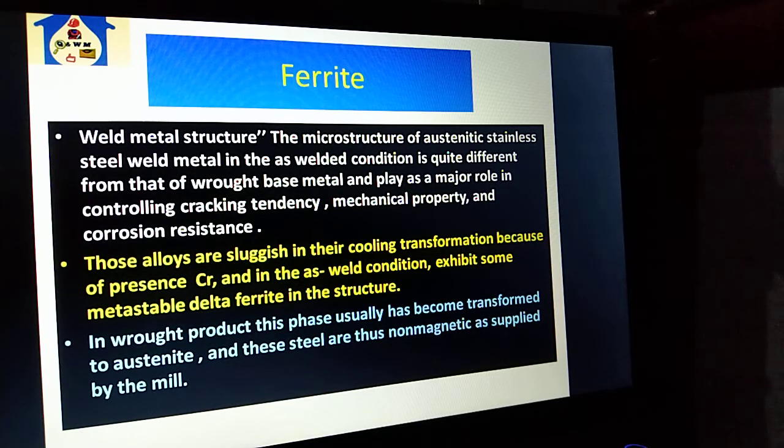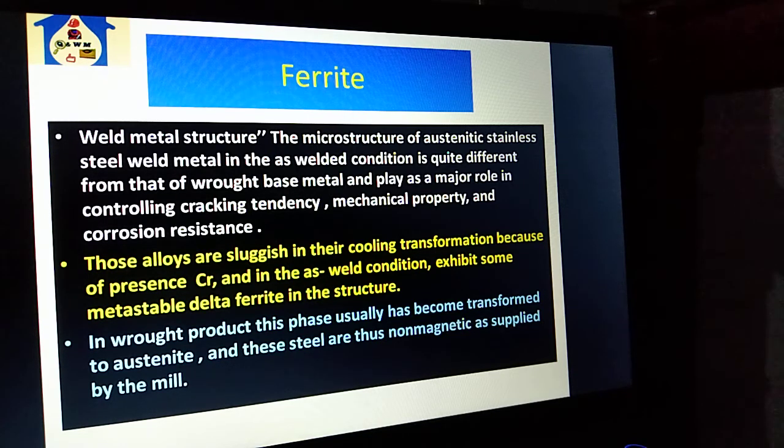Those alloys are sluggish in their cooling transformation because of the presence of chromium, and in the as-welded condition exhibit some metastable delta ferrite in the structure.